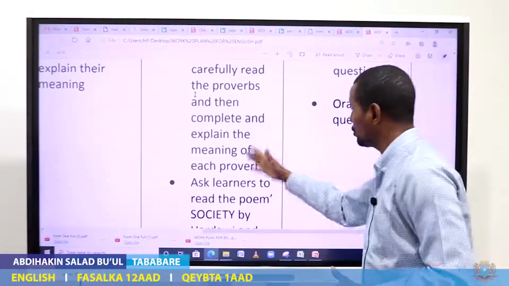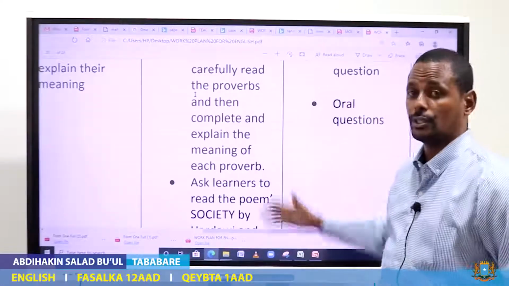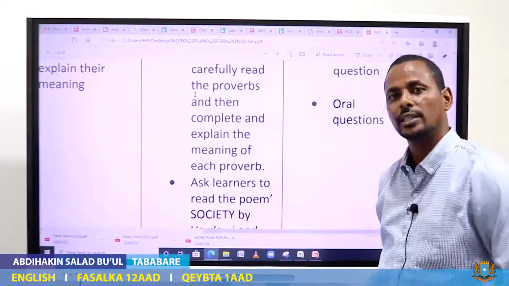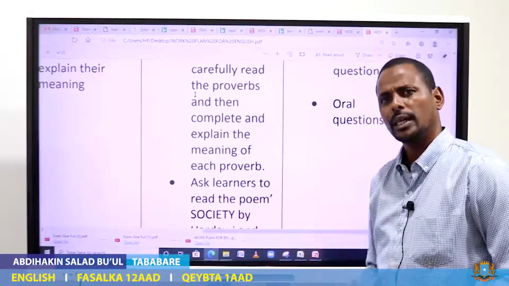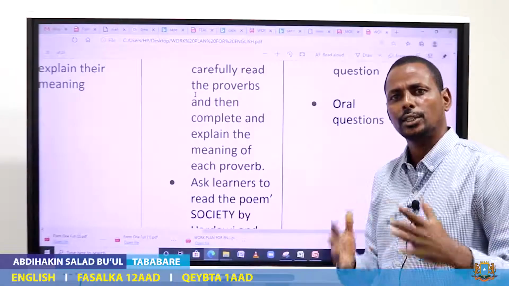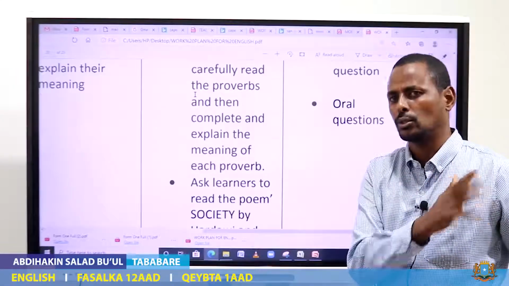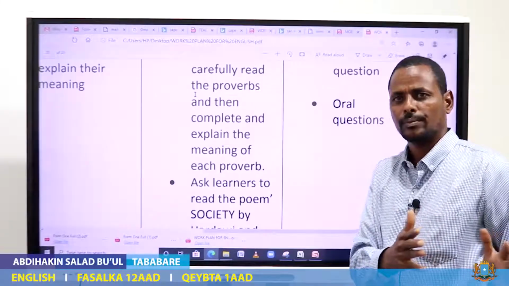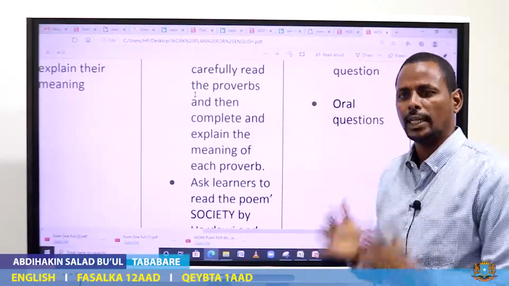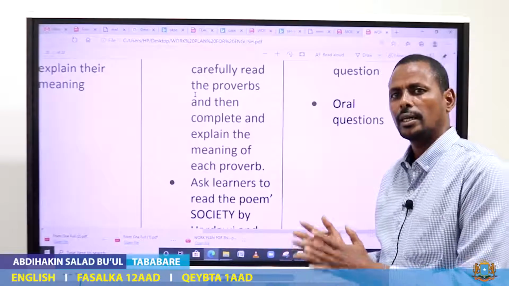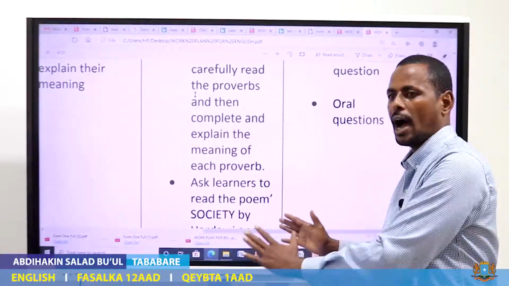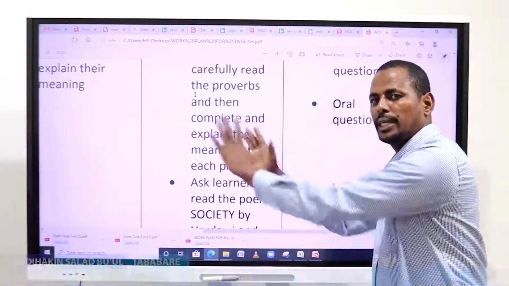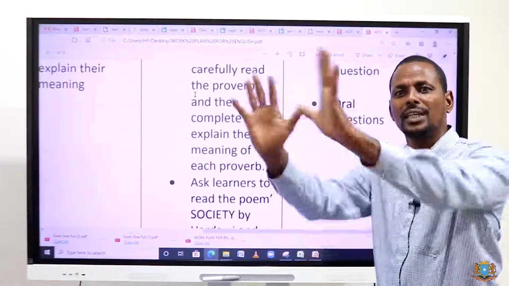In as much as this system is student-centered, that does not mean that the space of the teacher is absent. No. There are always do's and don'ts. Guide them. Tell them, this is what I want. The proverbs have explicit meaning, outer meaning.